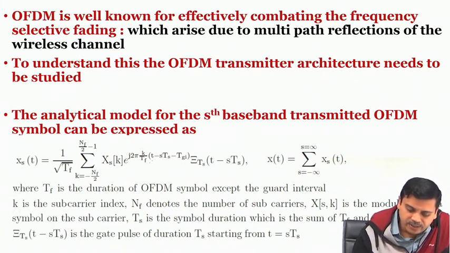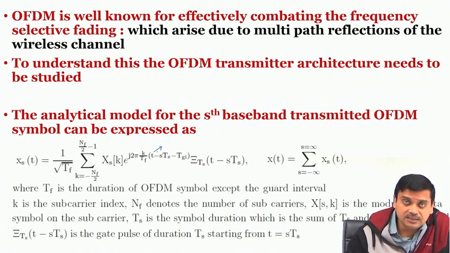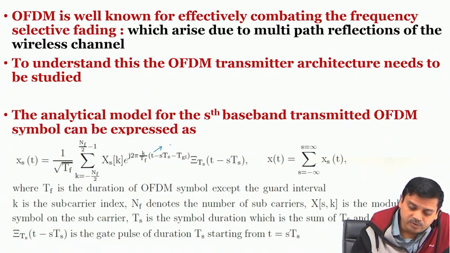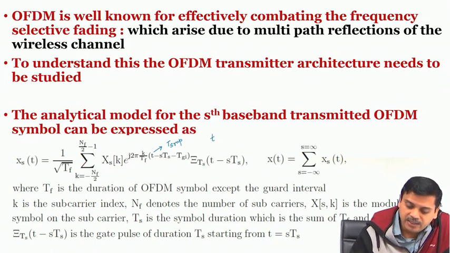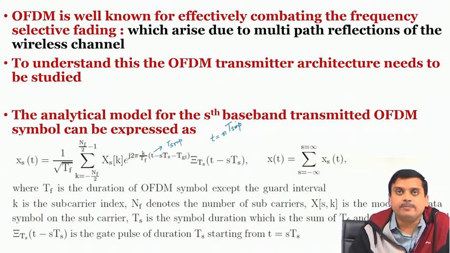Okay. So, if we look at this, t is continuous time. We can change this continuous time into sample time, where let us say T_samp is the sampling period and t is equal to n times T_samp. Okay.